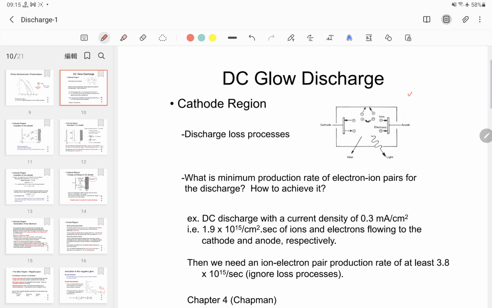Okay, so in Chapman's textbook, he used an example.